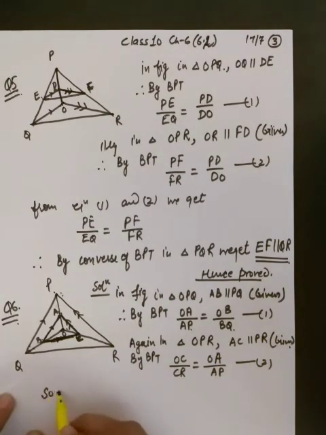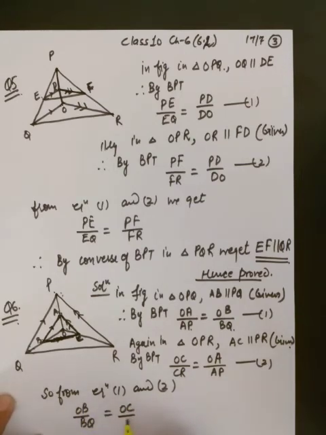So from equation 1 and 2 we get OB by BQ is equal to OC by CR.